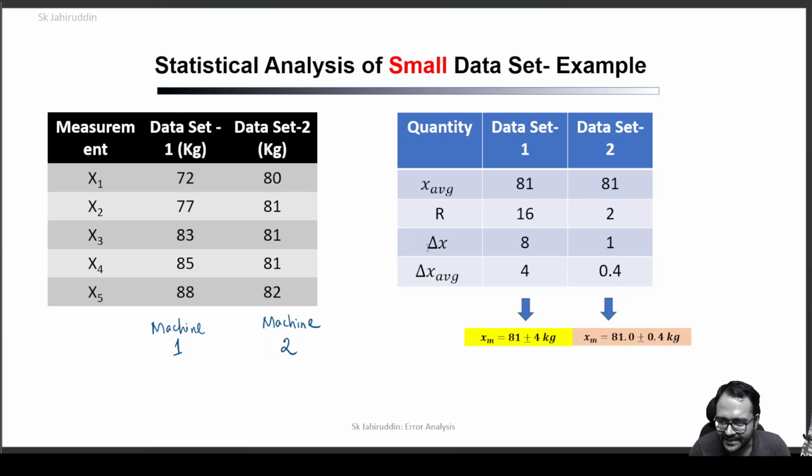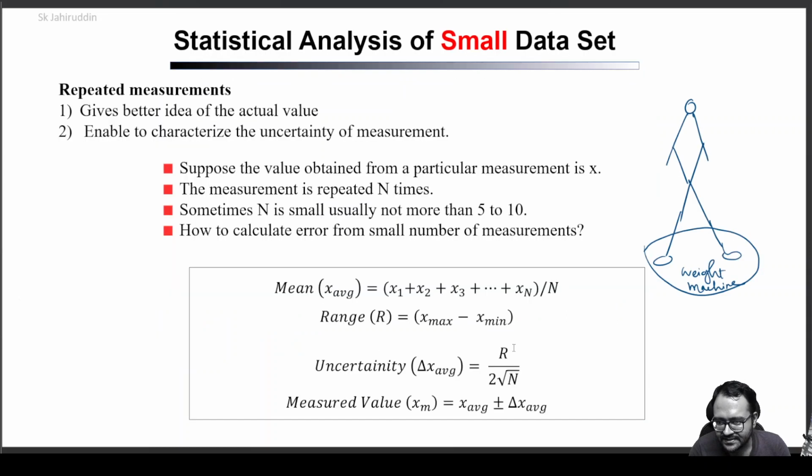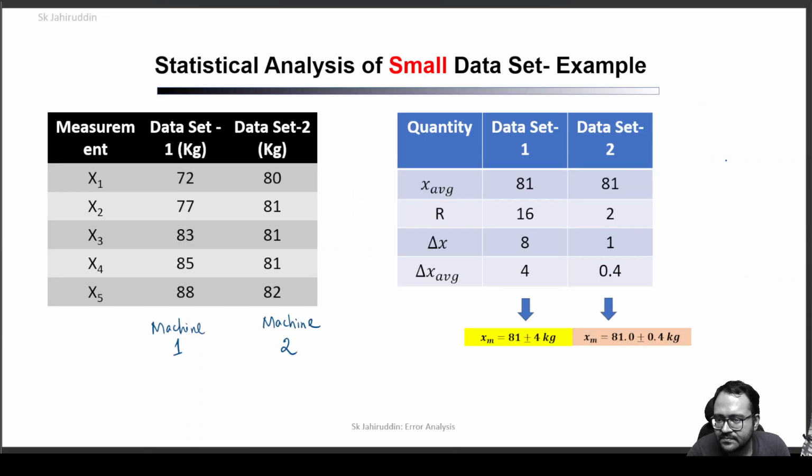So delta x. What was your delta x? Delta x is r by 2 square root of n. So what is your n? 1, 2, 3, 4, 5. We have 5 measurements. So here delta x is 8 by 2 root 5.